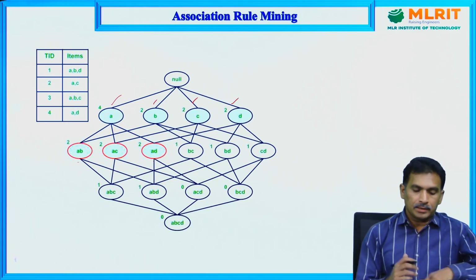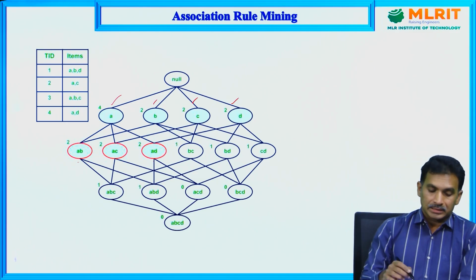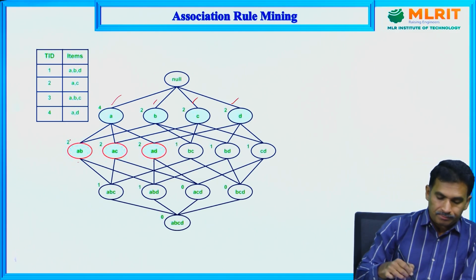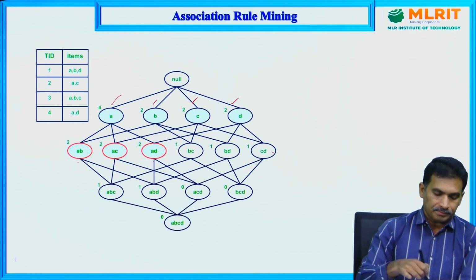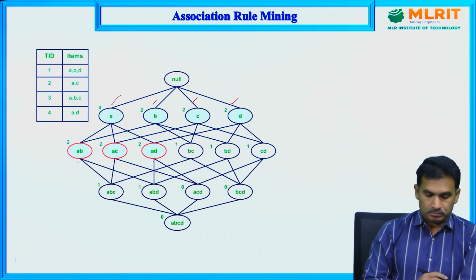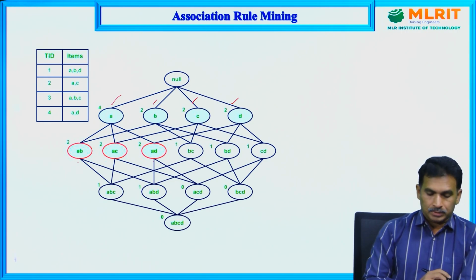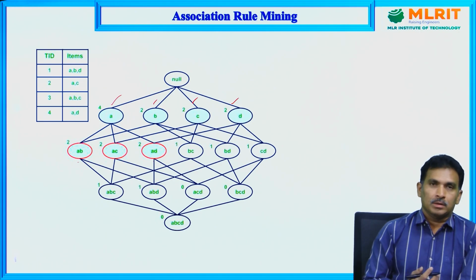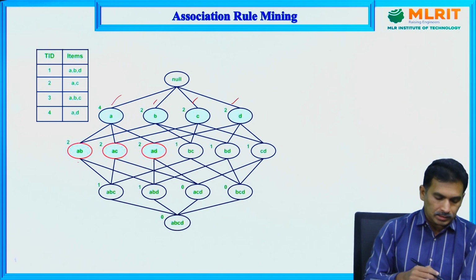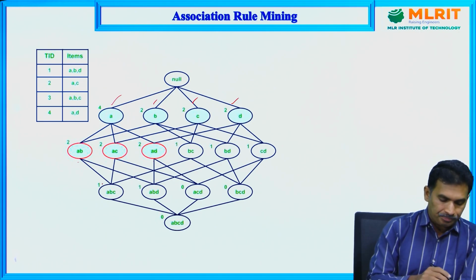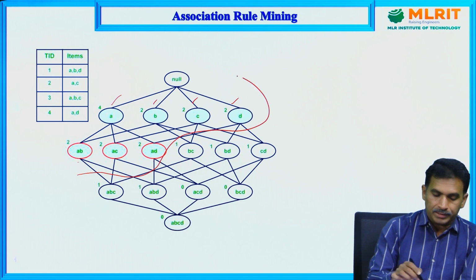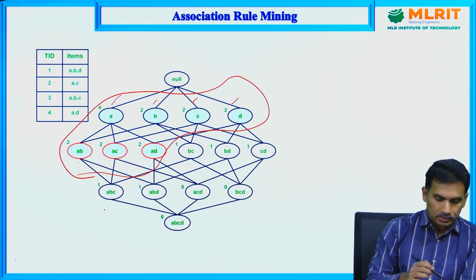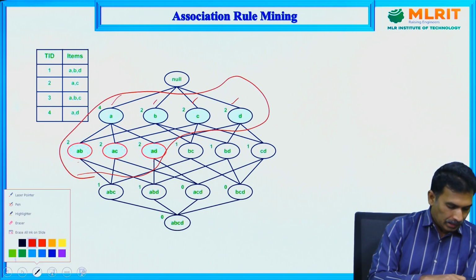So how can we avoid that? This is called the search space, the number of possible item sets, which would be very high. So how could we reduce it? If you observe this diagram, these are the only frequent item sets, and these are not frequent item sets.